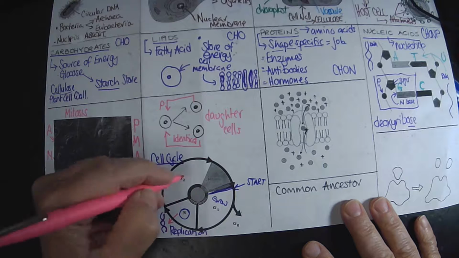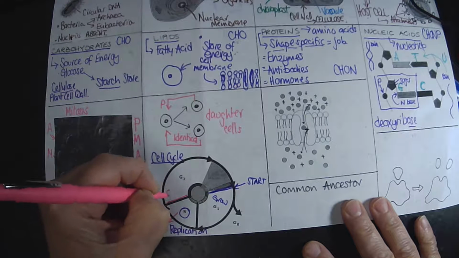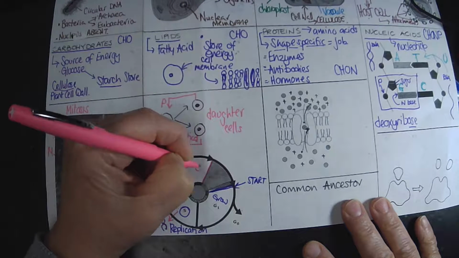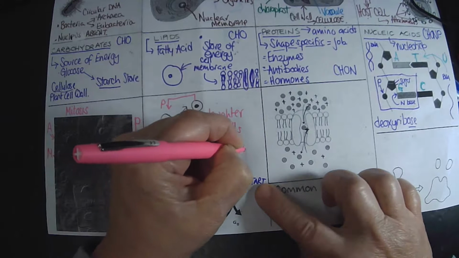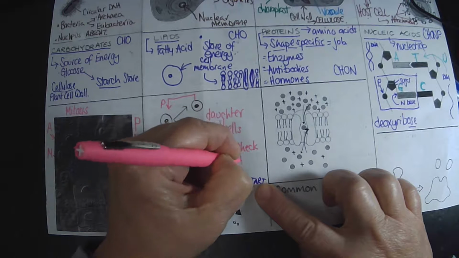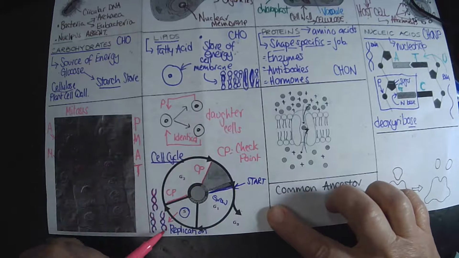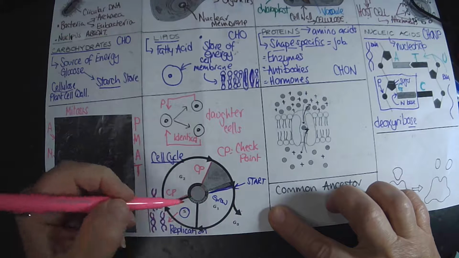Now, once the S phase is done, we have these things here, CP, and then I've got one at the end of G2 as well. CP, those are checkpoints. What is a checkpoint? You want to make sure that your DNA is replicated properly, and that your cells are going to work properly.